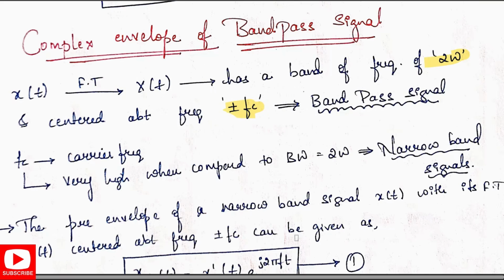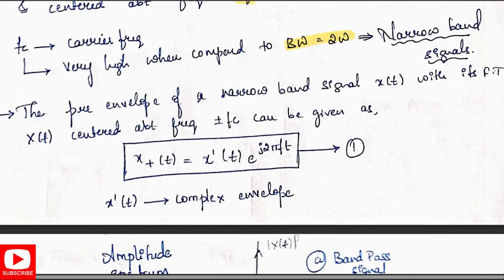If fc is a carrier frequency that is very high compared to the bandwidth of 2 omega, then that is a narrow band signal. So the pre-envelope of the narrow band signal x of t with its Fourier transform x of f, centered about the frequency plus or minus fc, can be given as x of t is equal to x dash of t into e power minus j 2 pi fc t.